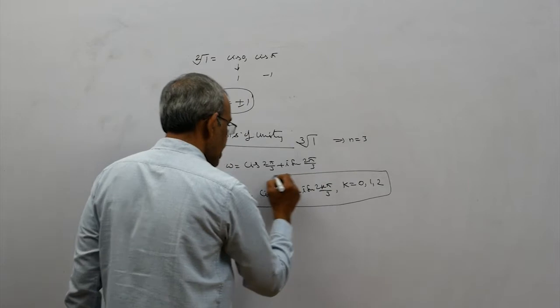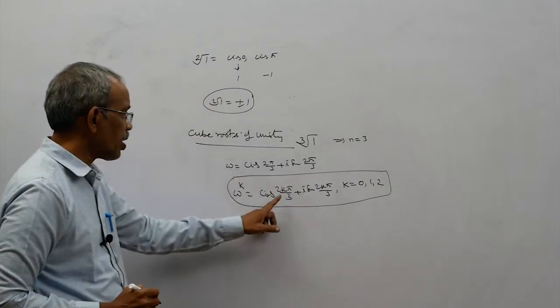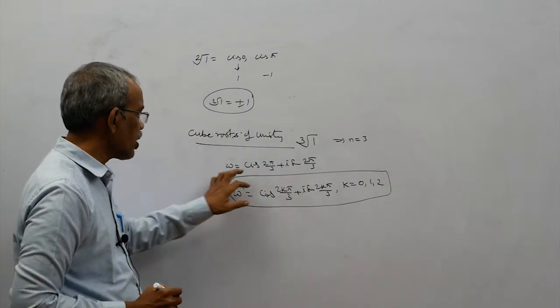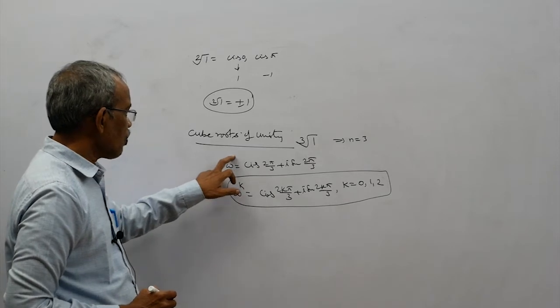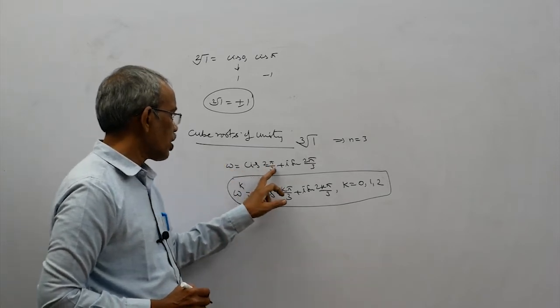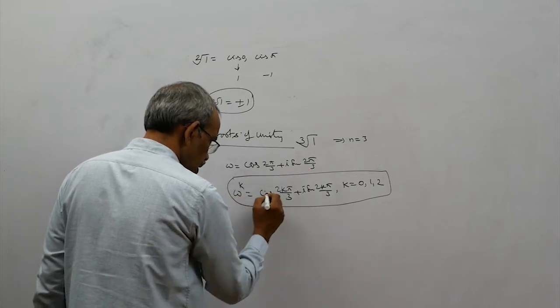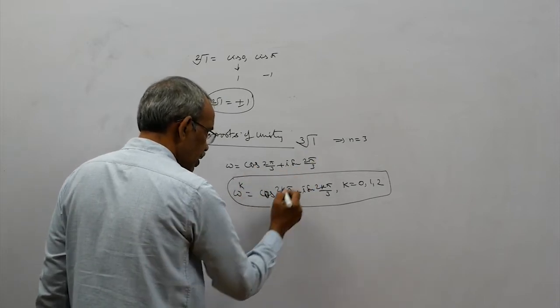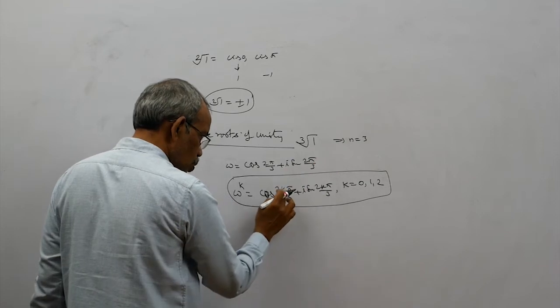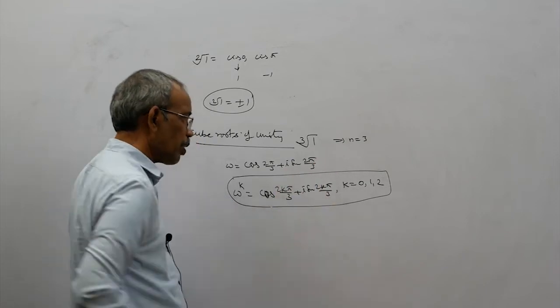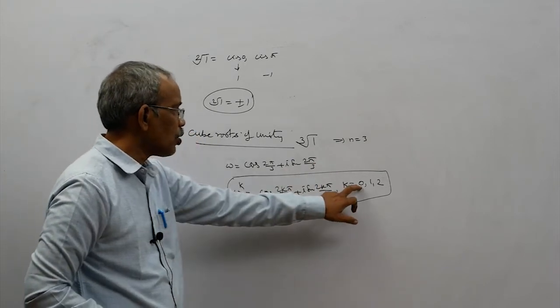When we apply power k to cos 2 pi by 3 plus I sin 2 pi by 3, we get cos 2k pi by 3 plus I sin 2k pi by 3 where k equal to 0, 1, 2.